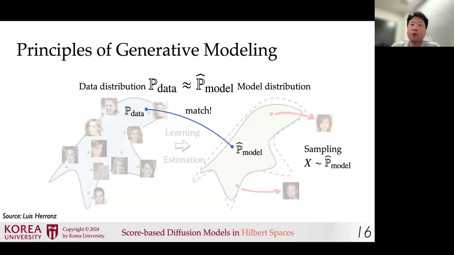If the model distribution learned by the generative model is similar to the actual data distribution, then the data generated by sampling will also have a pattern similar to the actual data. And it will be very difficult to distinguish from the actual data when a person observes it. Depending on how this model distribution is formed and used, the learning methodology of the generative model will also change.